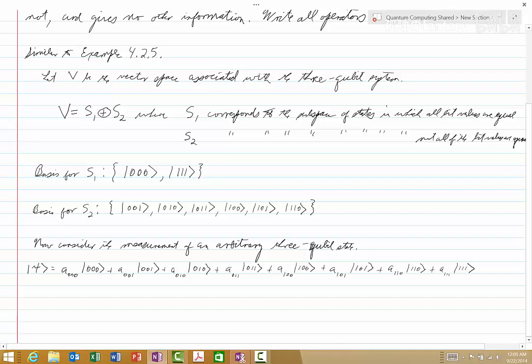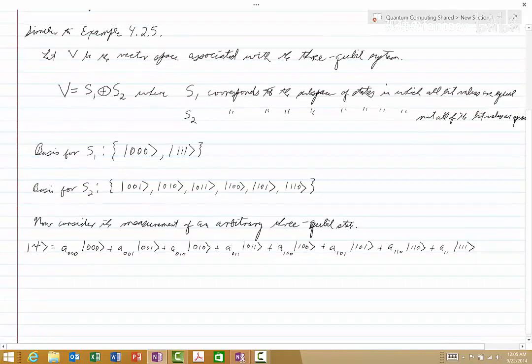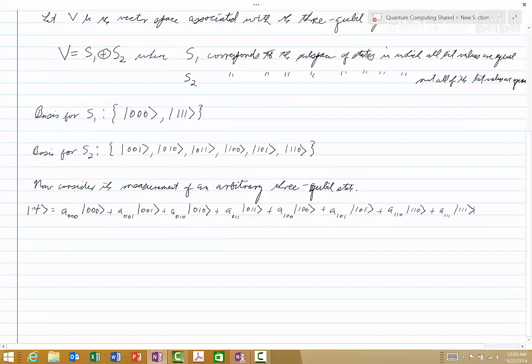And again, now this is just an arbitrary 3-qubit state, so you see that we have included all 8 basis vectors here.